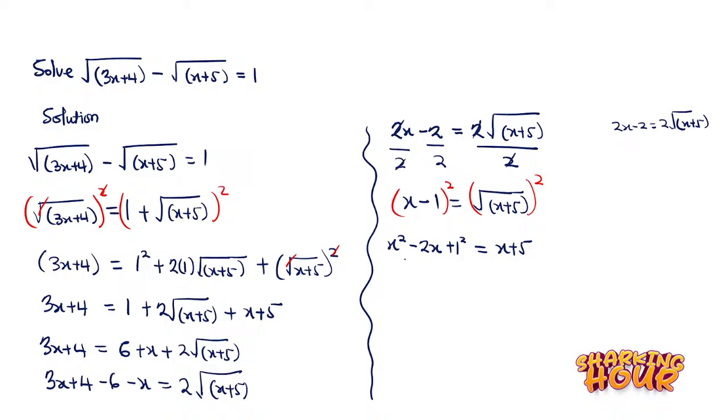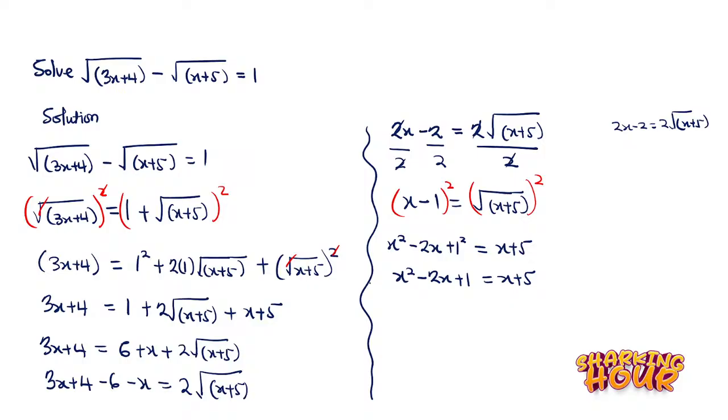So on the left hand side, I have x squared minus 2x plus 1 squared, and this is equal to x plus 5 on the right hand side. All right, so from here, all I have now is x squared minus 2x plus 1, because 1 squared is still 1, and this is equal to x plus 5.